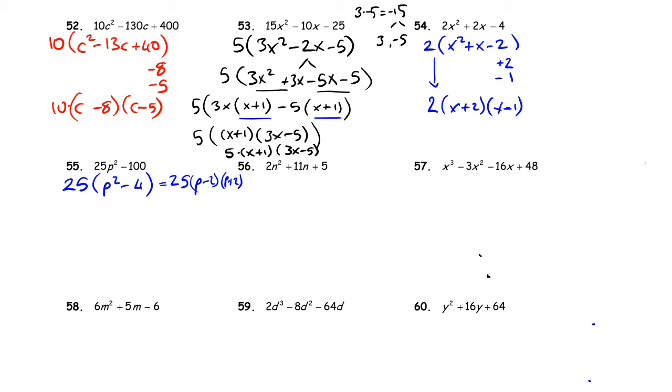But let's go ahead and write this a little bit more in detail. I have 25 here, p squared plus 0p minus 4. Factors of 4 that can add up to 0 are negative 2 and positive 2. So I know that p minus 2 and p plus 2 are going to be my factors. We still have our 25.